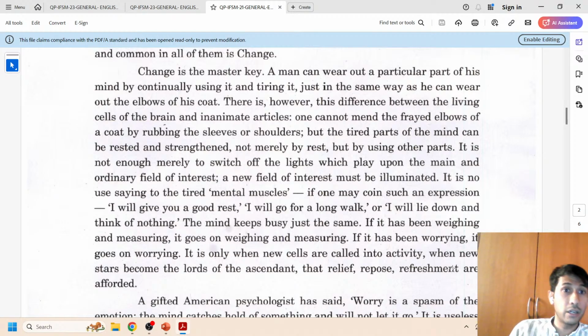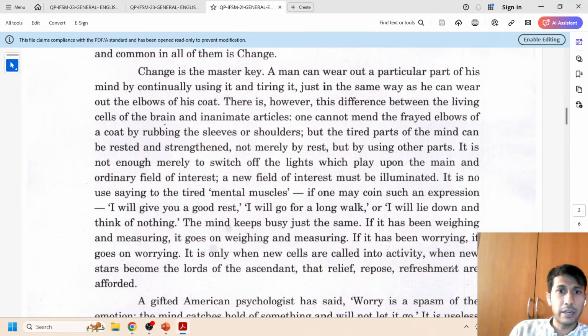This is the 2021 Indian Forest Service General English paper.